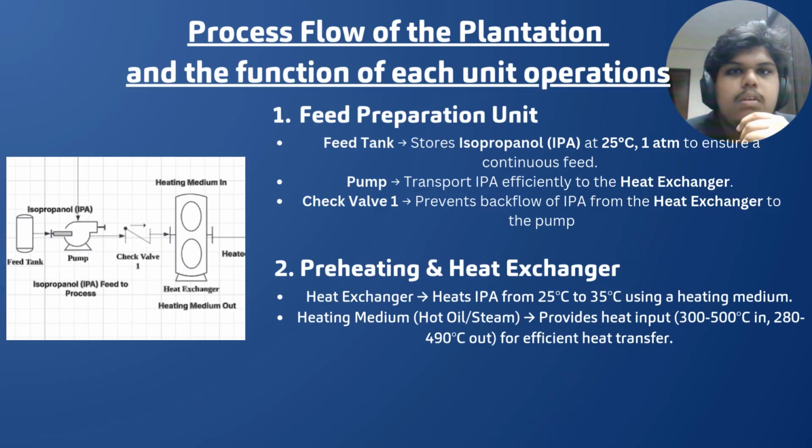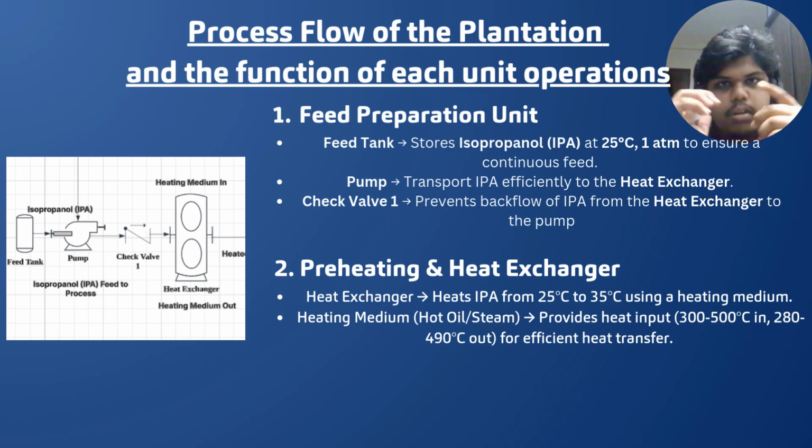Alright, so there are seven processes in this plant. I'm going to explain them one by one, along with the function of each unit operation in the process. The first process is the feed preparation unit, where there are three unit operations.